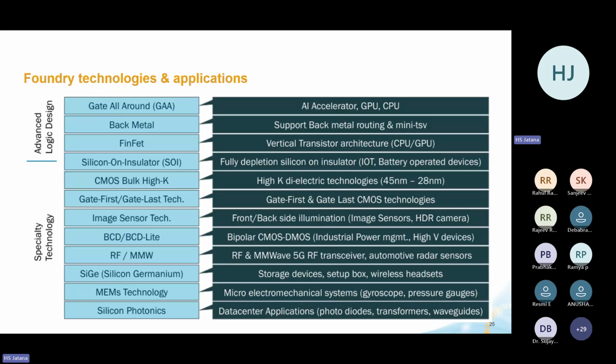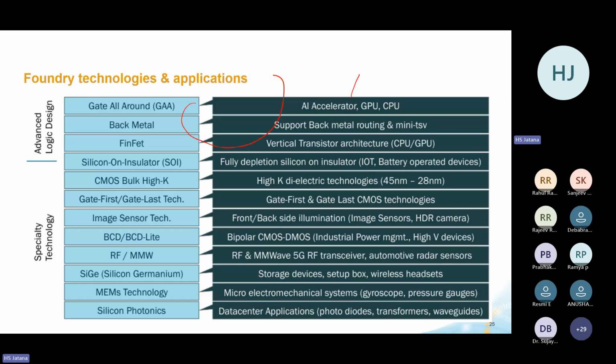If you have to make GPUs and AI accelerators, which need various cores of the processor, naturally you will use very small geometry, very short channel transistors below 10 nanometer, which are FinFETs or gate-all-around and back metal. All these three are basically for high-end processors.